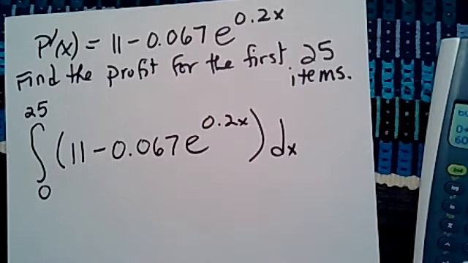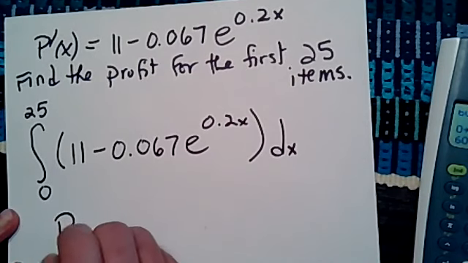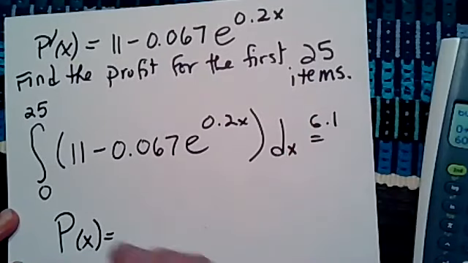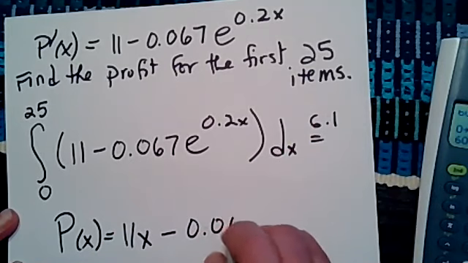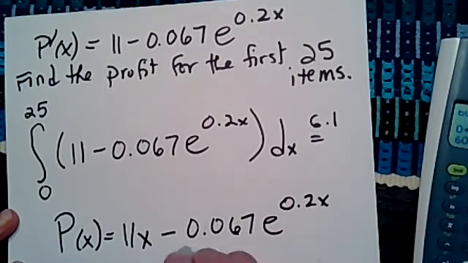Again, this antiderivative will use my 6.1 rules. 11x minus 0.067 e to the 0.2x divided by 0.2.